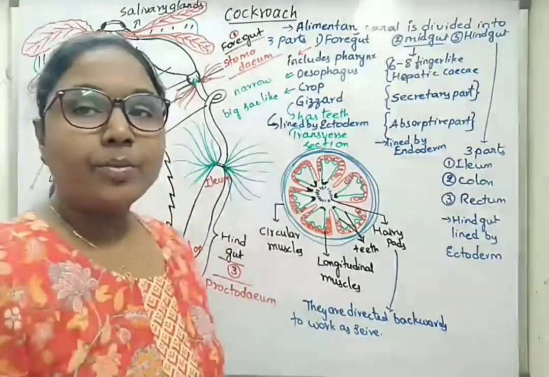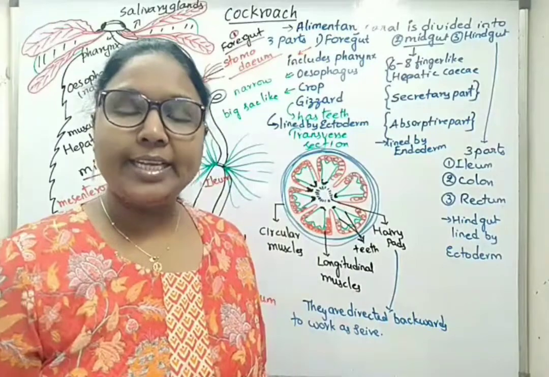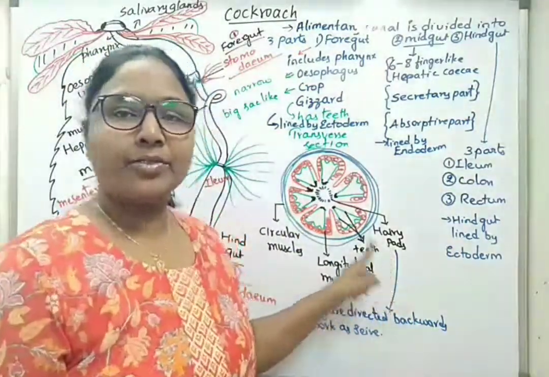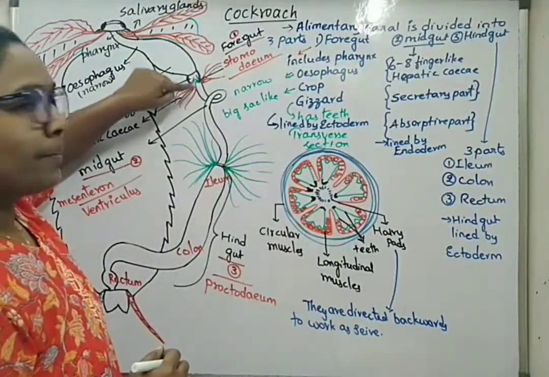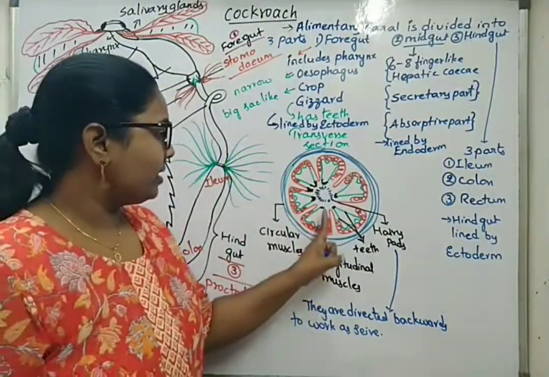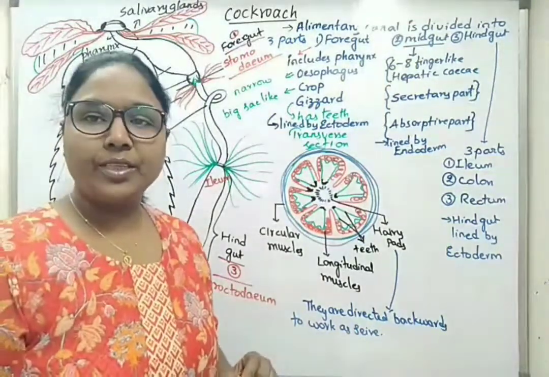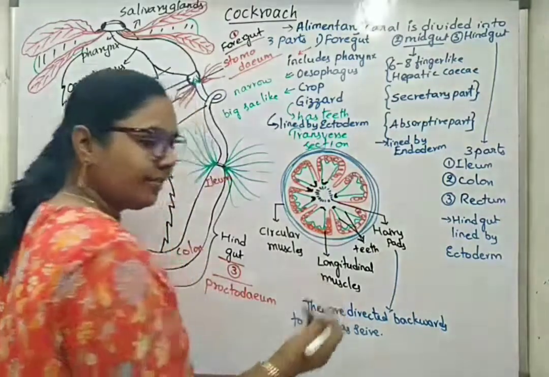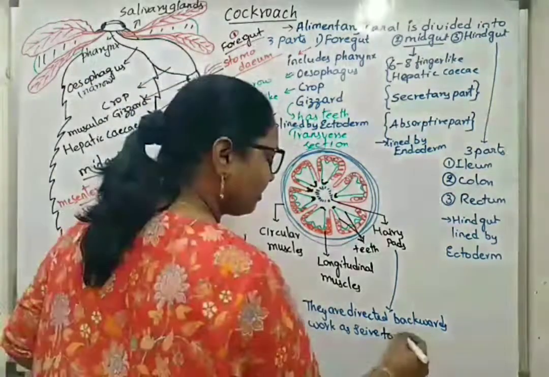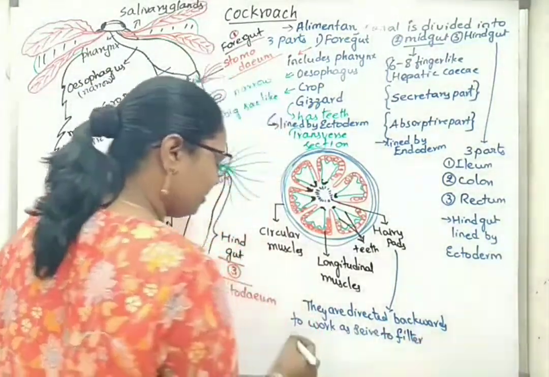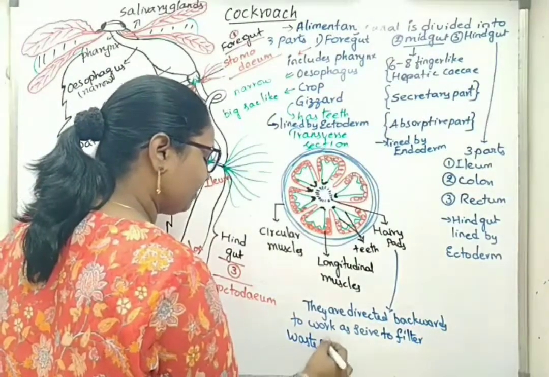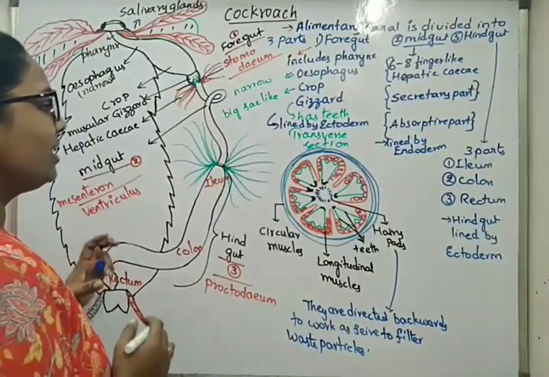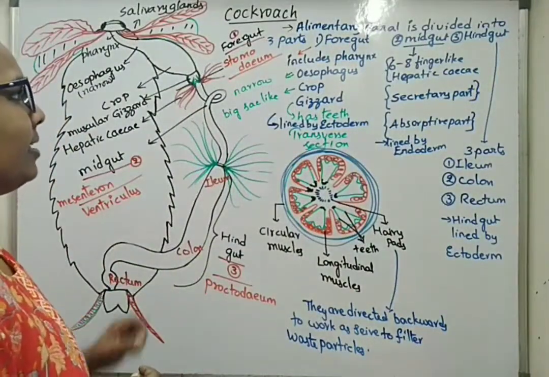Normally we say the gizzard is used for grinding of food particles, but because of the presence of hairy pad-like structures which are directed backwards towards the crop, this gizzard is said to be not only for grinding but also working as a sieve to filter the waste particles. So these are a few points regarding the gizzard and also the foregut.